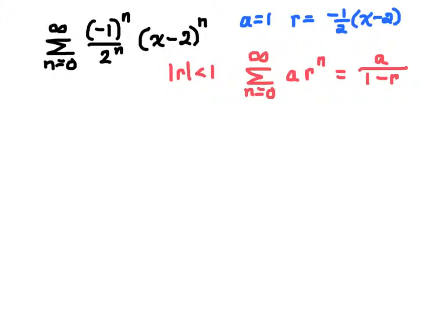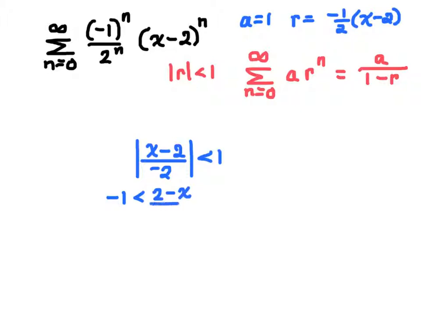So (x - 2) over a negative 2, that's our r. When is the absolute value of this going to be less than 1? So if we lift the absolute value, we end up with negative 1 less than this, which is less than 1. And what I'm going to do is multiply the top and the bottom by a negative, making the numerator 2 - x, and the denominator just 2.